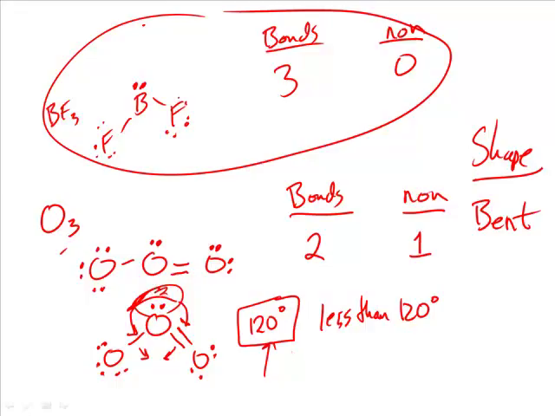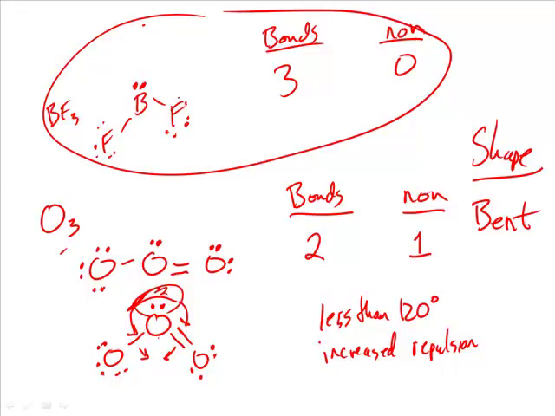And I think it's actually like 117, but again, they would never be that specific. But you should be able to not only say it's less than 120, but you should be able to say why, which is simply because of the increased repulsion between the electrons.